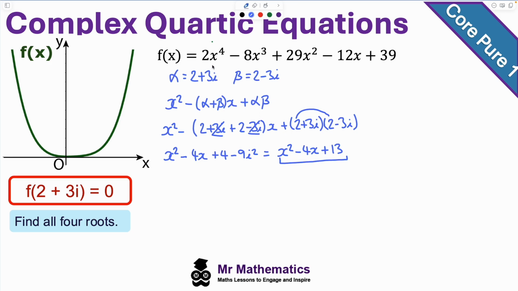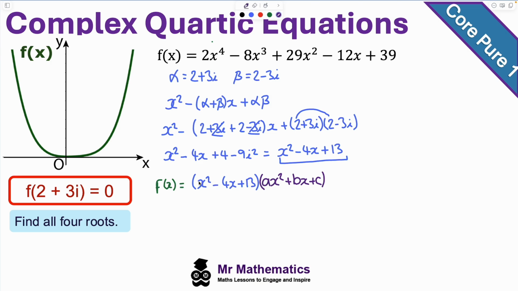And because we have a quartic, this will be the product of two quadratics. So f of x will be the first quadratic, which we've found as x squared minus 4x plus 13, multiplied by a second quadratic, and we can write this in its general form, ax squared plus bx plus c.